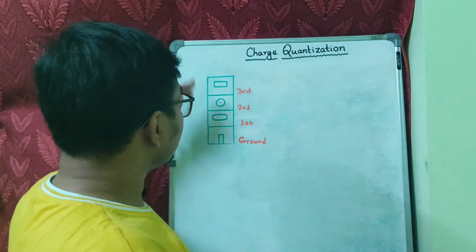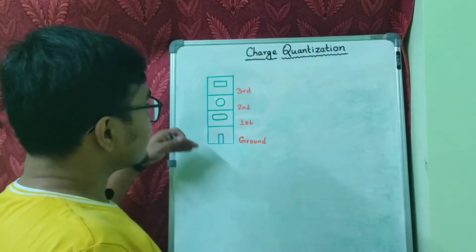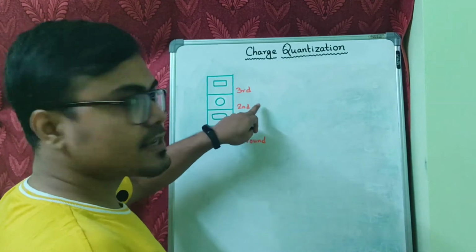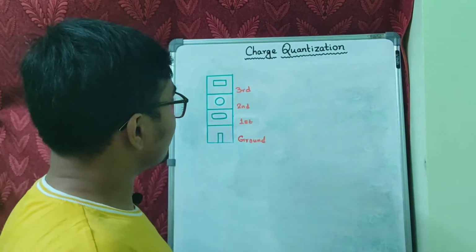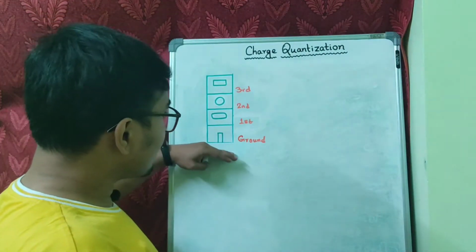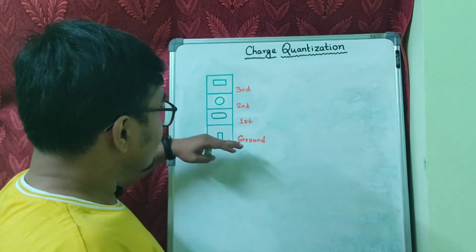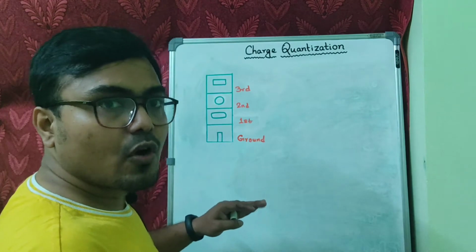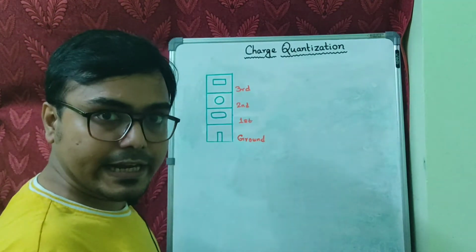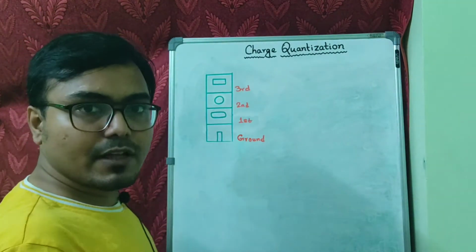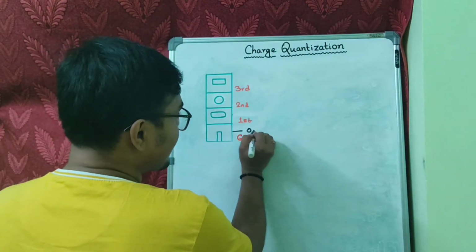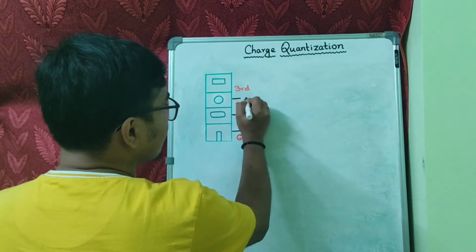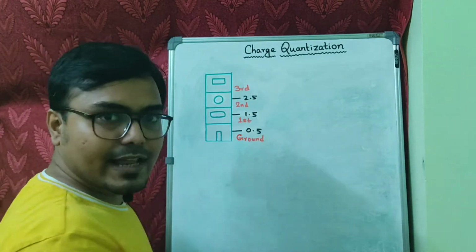For example, we consider this building. This building has 4 floors: ground floor, first floor, second floor and third floor. From the ground floor upwards, the building cannot have a floor with a value in between. Can the floor number be 0.5 or 1.5 or 2.5, something like this?